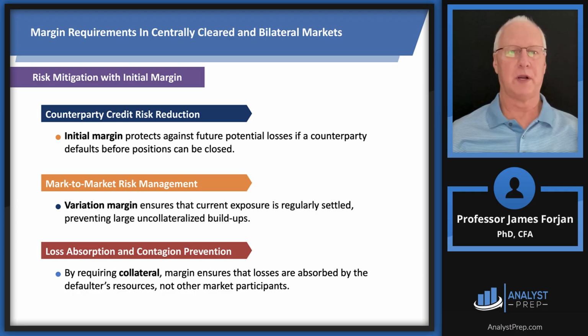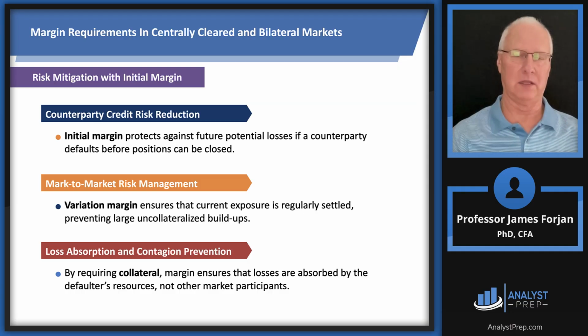Let's go ahead and finish up a conversation on initial margining. So, of course, it reduces counterparty risk. This marking to market is really part of the deal that dramatically increases liquidity in these over-the-counter markets.